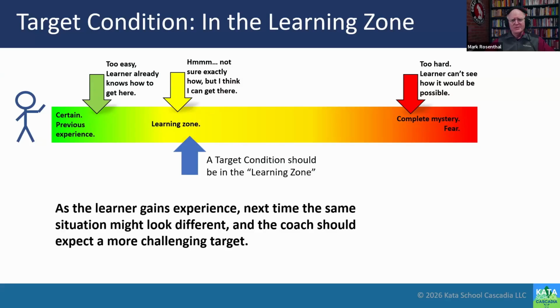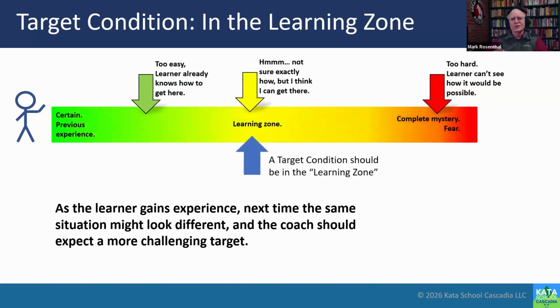The other thing here, though, is as a coach, you've got to learn to calibrate a little bit because depending on the experience of the learner, if I have a really experienced learner, I am going to see more green zone. And so I'm going to expect a very experienced, capable learner to stretch a little more than maybe a beginner would.